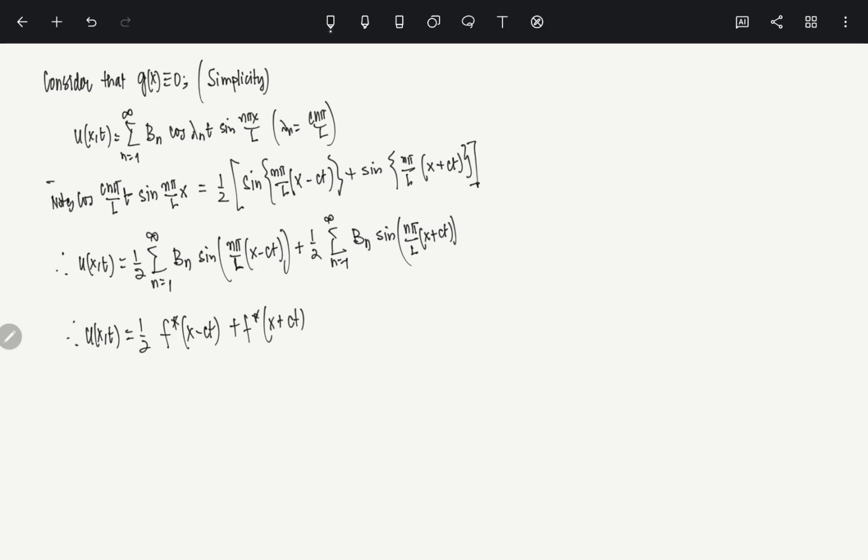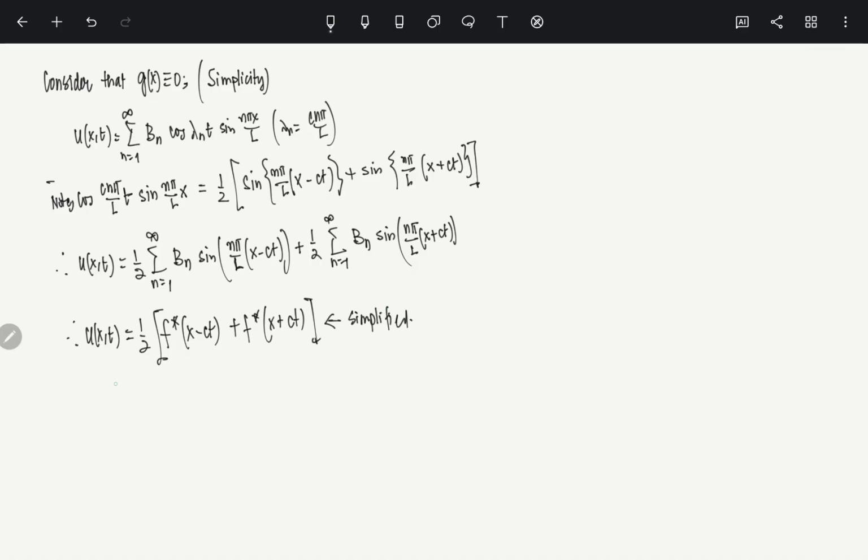If you look at it as a function of x minus ct and x plus ct, this is just a simplified way of writing it.